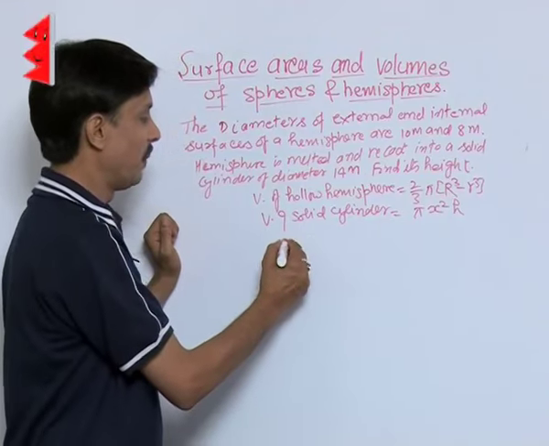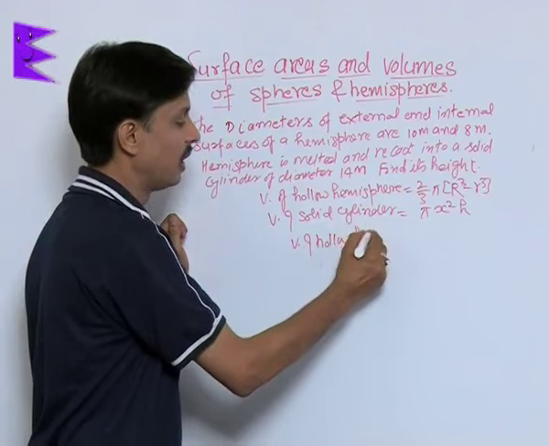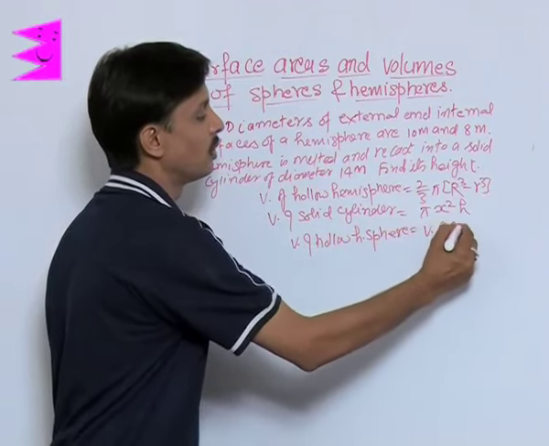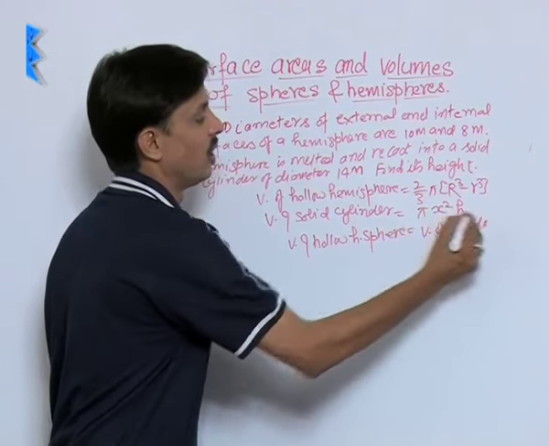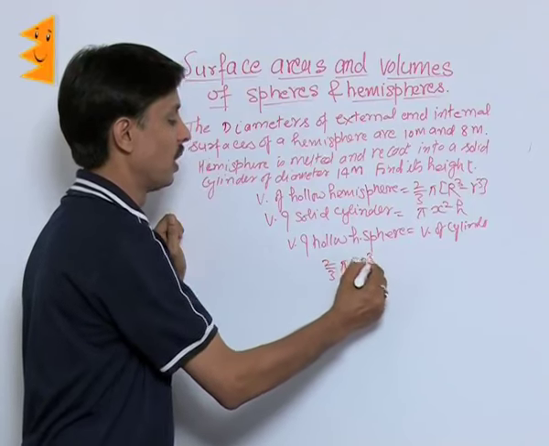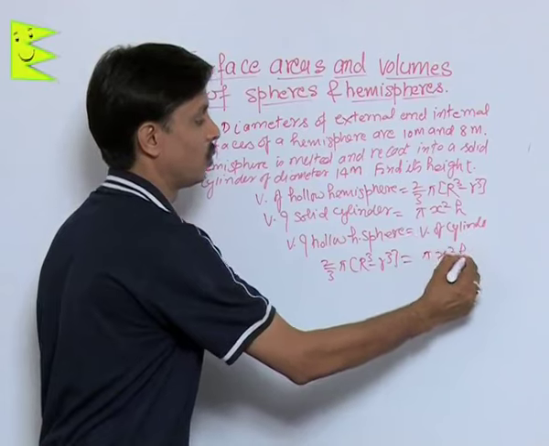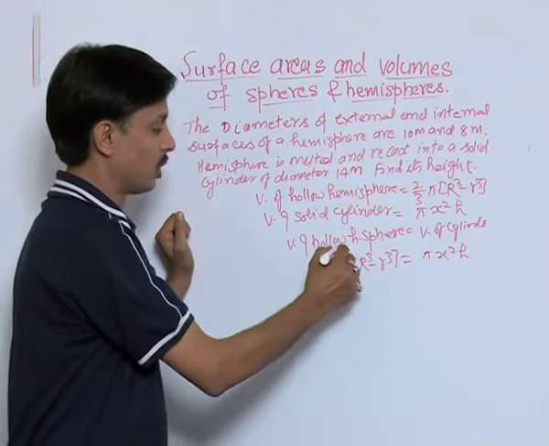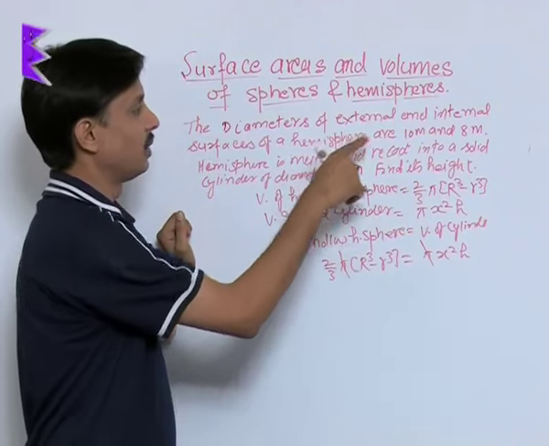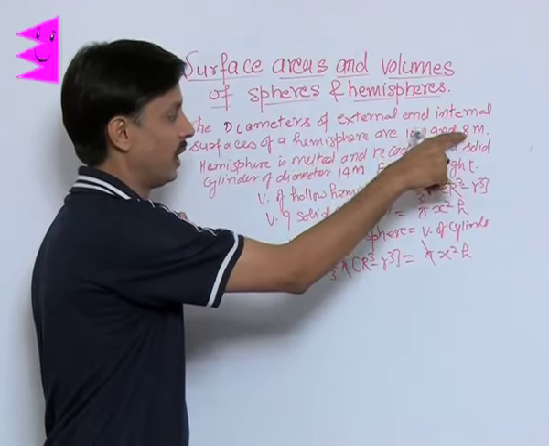You can say that the volume of the hollow hemisphere is equal to the volume of the solid cylinder. That is, the value of 2 by 3 pi (capital R cube minus small r cube) is equal to pi x square h. So this pi and pi get cancelled. Put the value of capital R, that is what? Half of the diameter, 5. Internal half of it, 4.